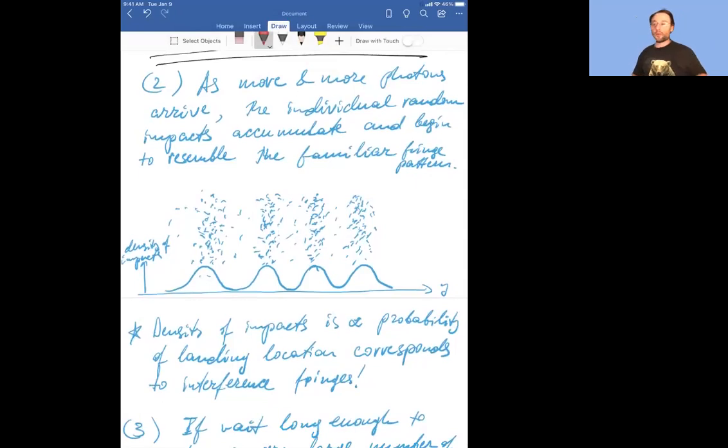I just want to make one more comment. We're going to wane off from the discussion of photons. Quantum mechanics of photons is a very advanced subject. It's usually done at the graduate level in a course called quantum electrodynamics.